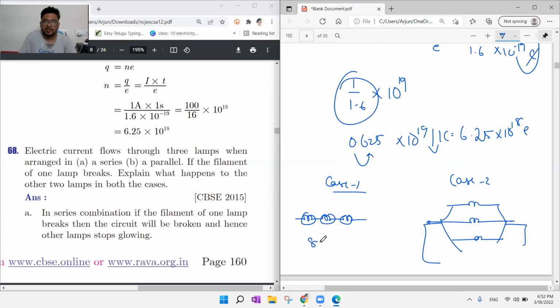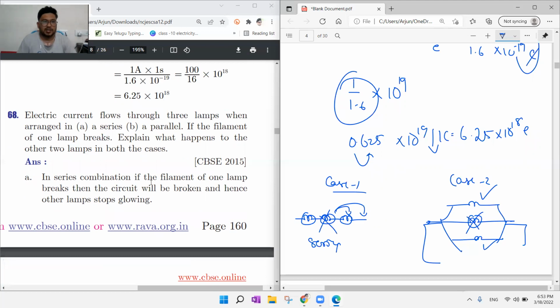You see, in series, if the filament of one bulb breaks, the remaining bulbs, I mean the bulbs present after that, will not glow. But in parallel, if the filament of one bulb breaks, the remaining 2 bulbs will keep working normally, because there is no voltage drop in a parallel circuit.